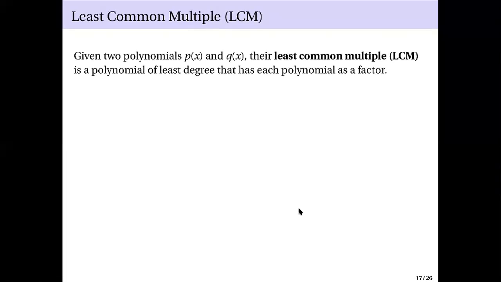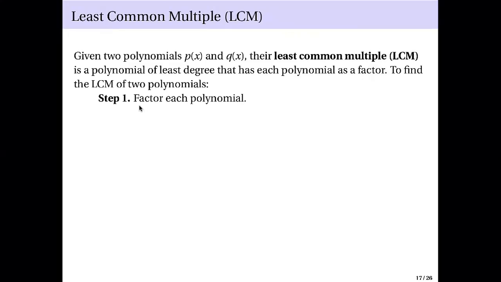Least common multiple, okay? So, given two polynomials p of x and q of x, their least common multiple, or LCM, is a polynomial of least degree that has each polynomial as a factor. To find the LCM of the two polynomials, step 1 is we factor each polynomial.